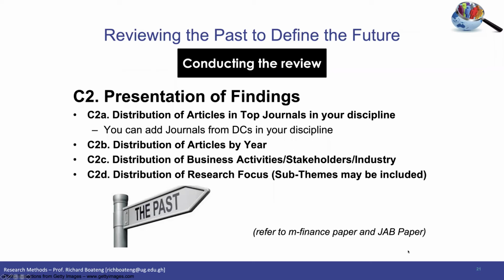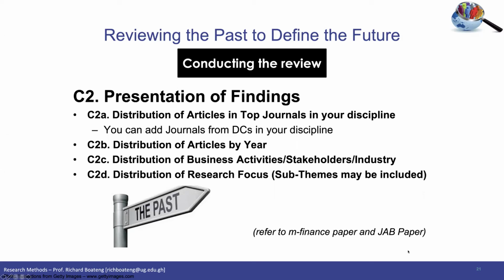After the reviews, you do a lot of them, so you present your findings. You see the articles in the top journals in your discipline if needed. Maybe for a PhD, I say this is important. You want to situate your work to know how the top journals respond to your work. You can also add journals from a developing country perspective, journals that look at the area. For example, somebody is doing something on financial crime.